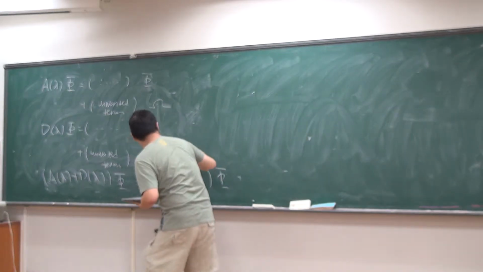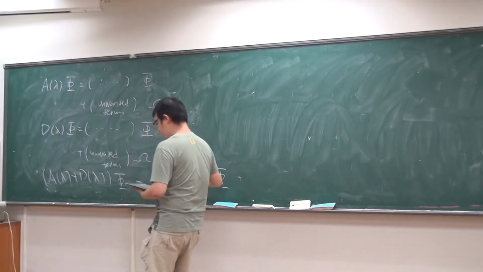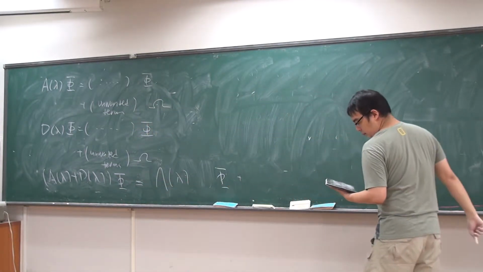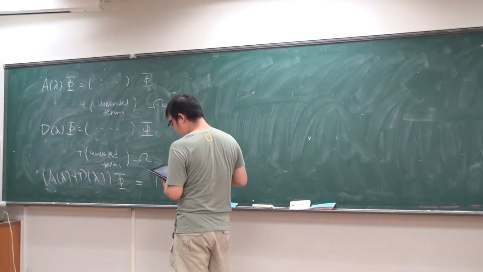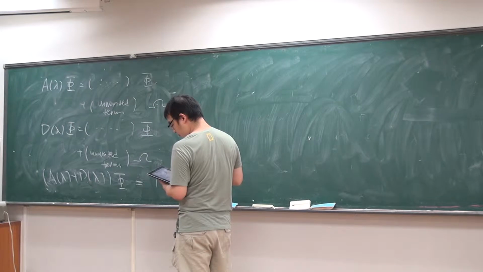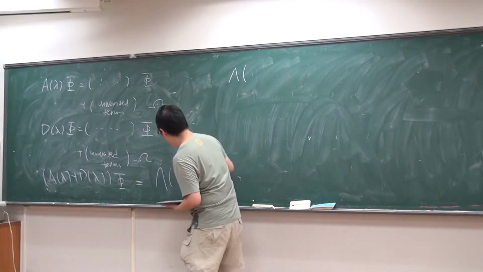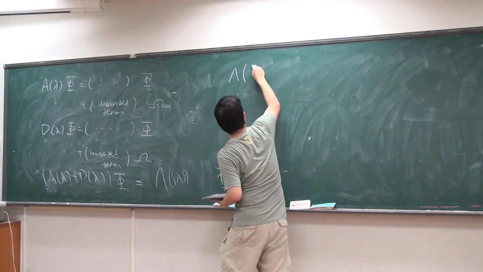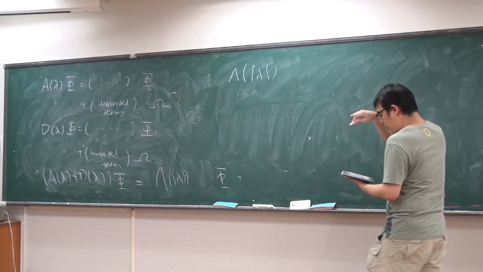I guess I call this capital Λ(λ). So the capital Λ is actually a function of all the individual spectral parameters.